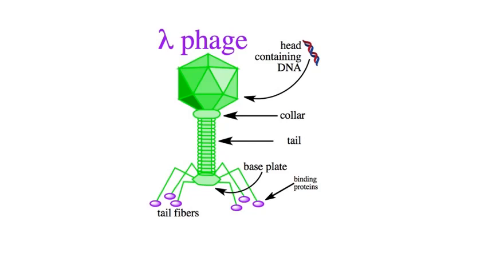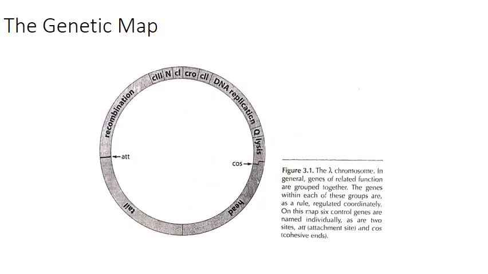lysogenic state. A simplified map of the lambda chromosome is shown in the figure. Now, as you can see, only 6 genes are named individually in the representation: CI, C2, C3, N, Cro, and Q. There are 2 genes present in the DNA replication region, which are not shown.